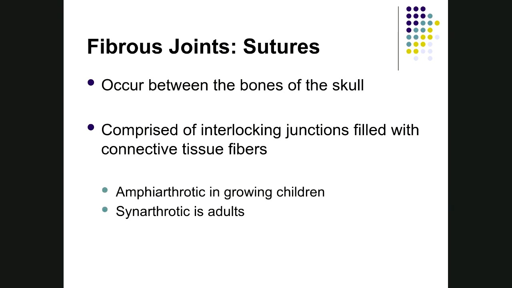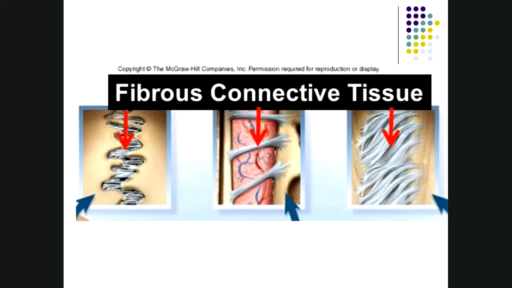Let's look at sutures first. The only place in your whole body where you have sutures is in the skull. And there are over 100 sutures in the skull. We only learned 4 of them, but every 2 bones in the skull have a suture between them. And if you look at the suture, again, they look like this. They have these interlocking bones. So here's one bone here, and here's another bone here.